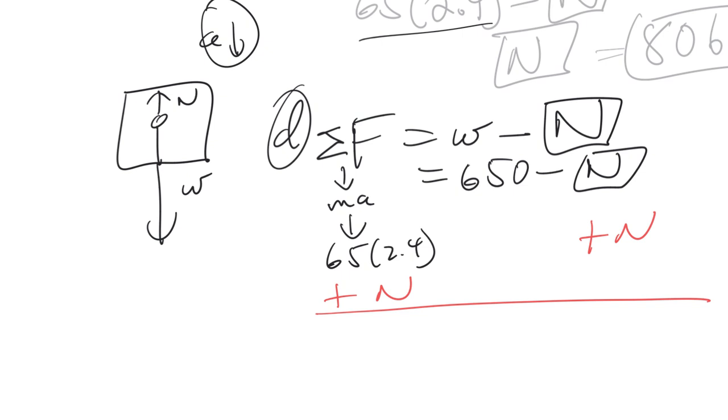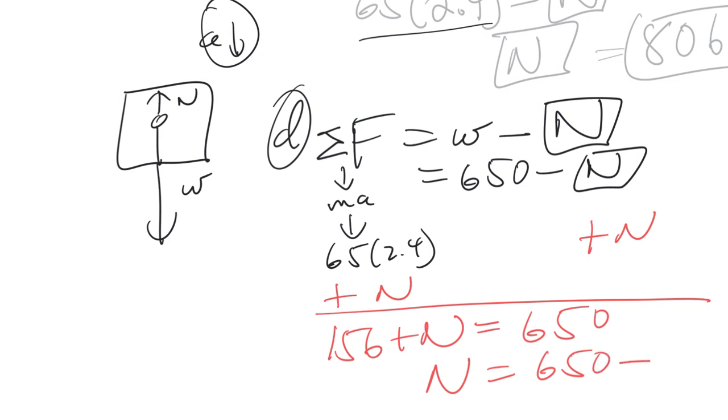Okay, 65.2.4 is 156 plus n equals 650. So n equals 650 minus 156. So we get 494.